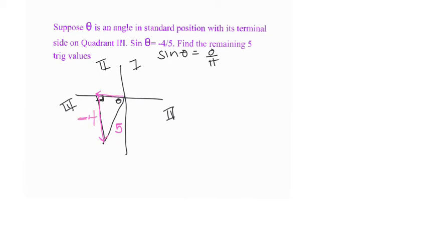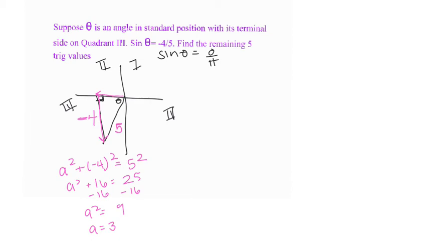So this will be negative 4 here because that's my opposite. First I need to find my other value. So a squared plus (-4) squared equals 5 squared, a squared plus 16 equals 25. So a squared equals 9, a equals 3.